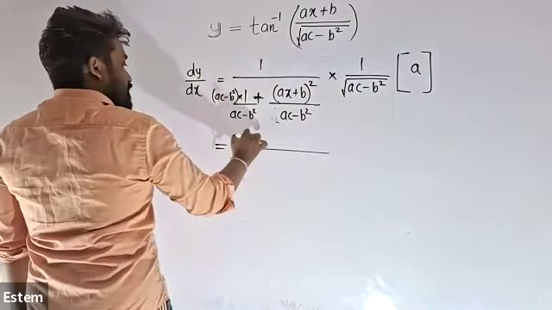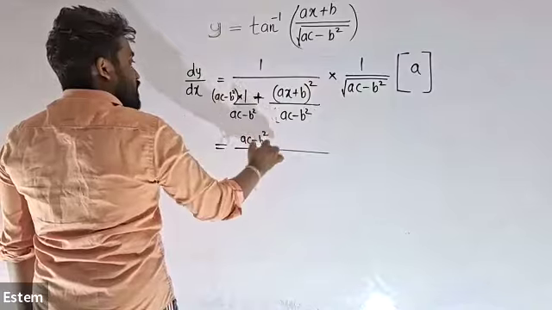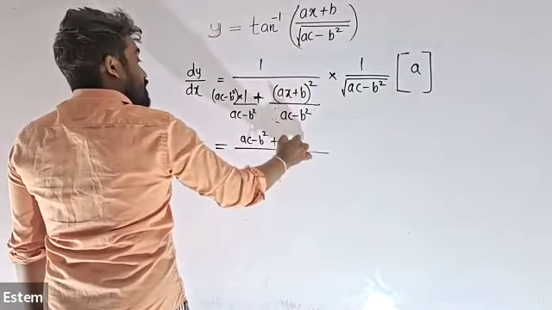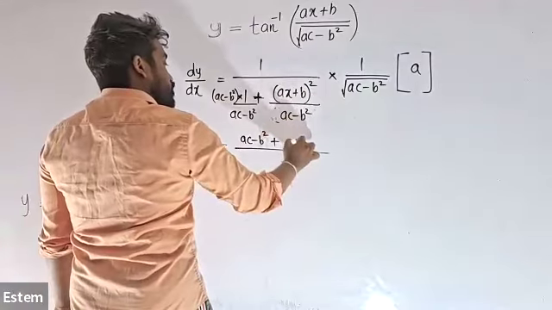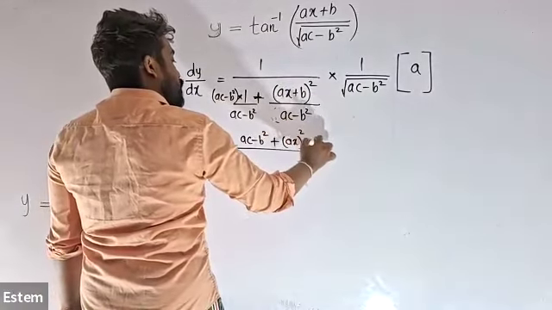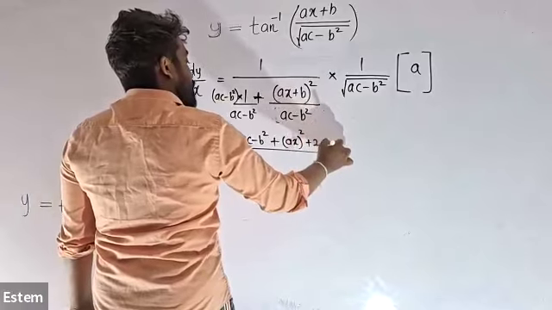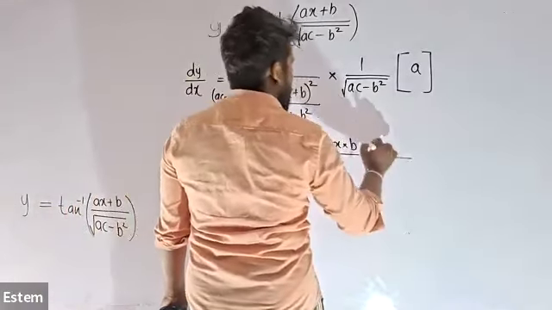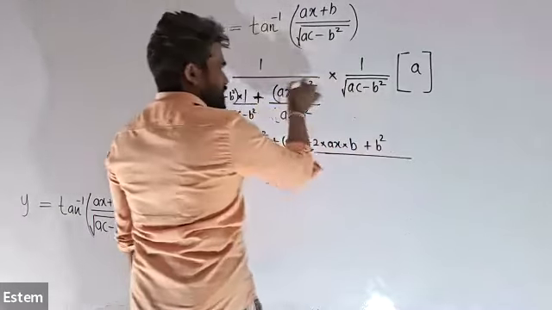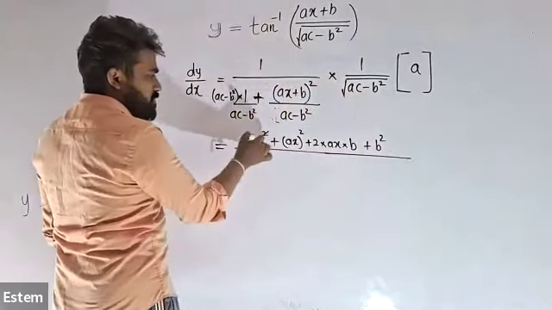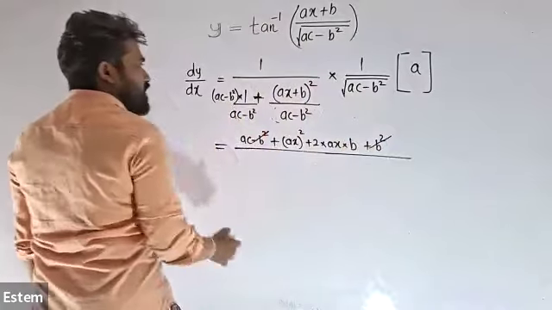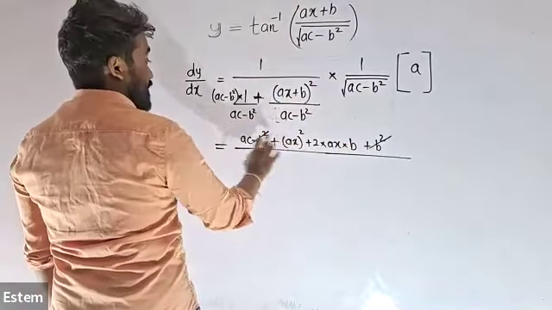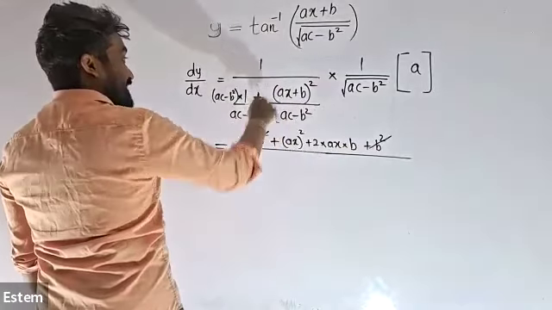Then this is ac minus b squared plus, expanding, a squared x squared plus 2 times ax times b plus b squared. I just expanded this. Then this minus b squared and b squared cancel off. Oh my god. All these things are in here.